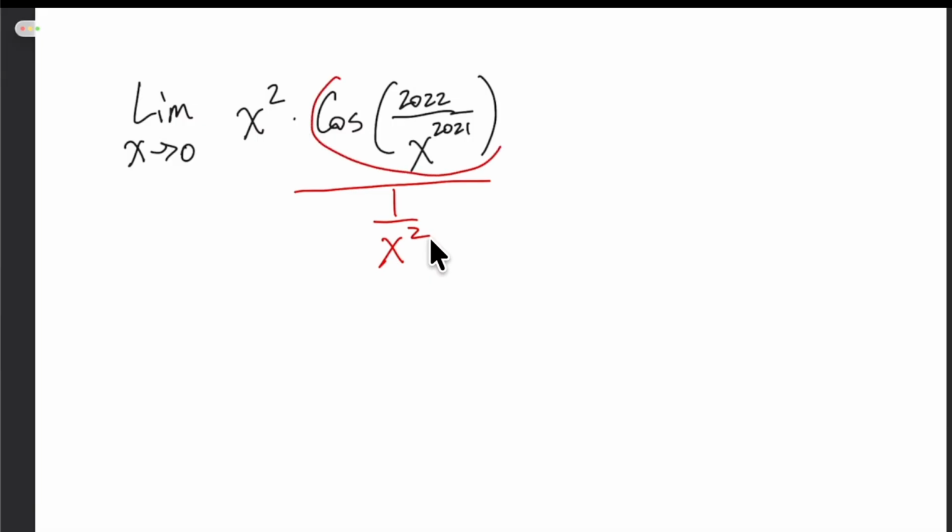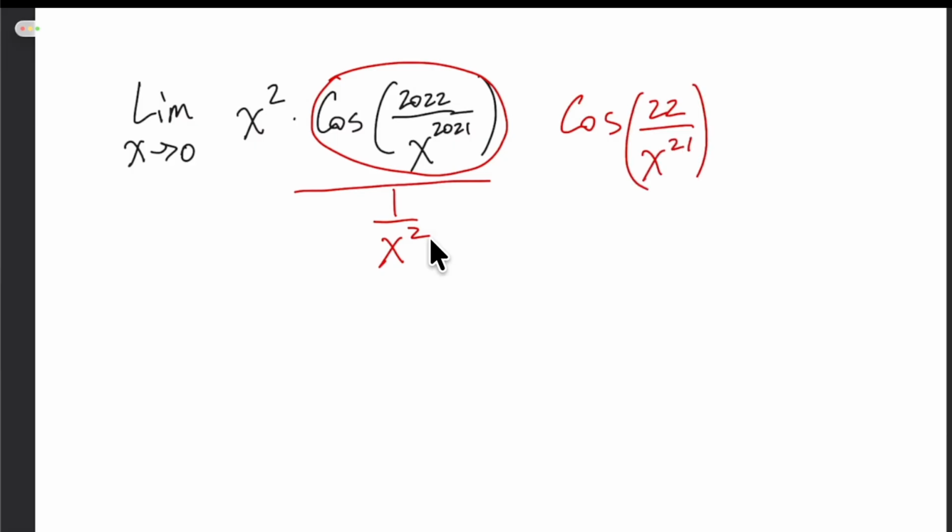Let's look at this limit as x approaches 0. It turns out it's not going to exist. Let's make these numbers a little bit more manageable. I'm going to change this to cosine of 22 over x to the 21.